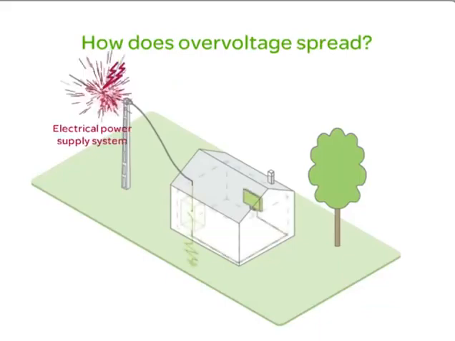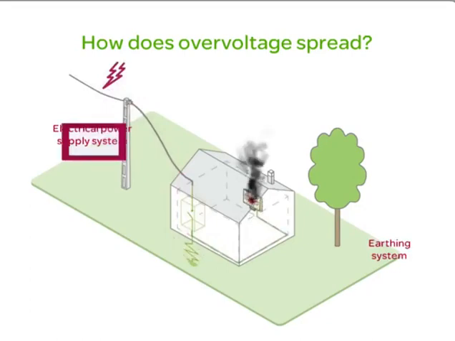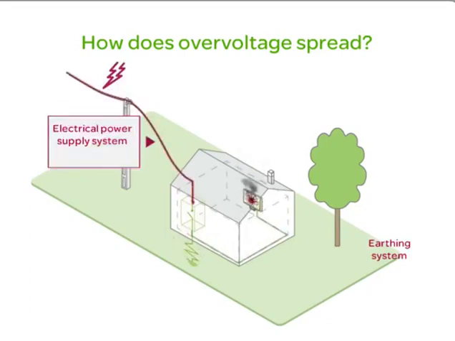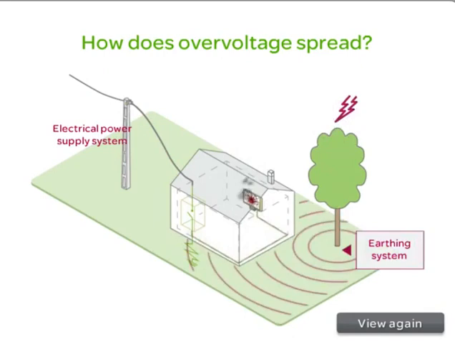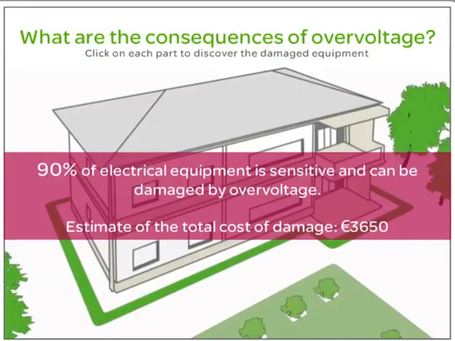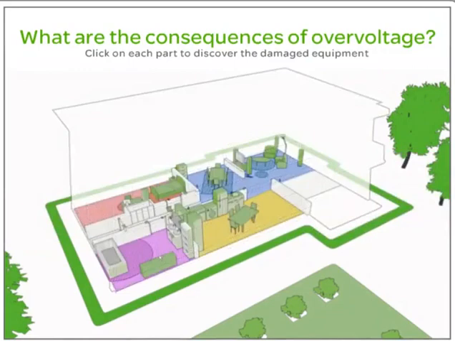Overvoltage can spread through both the power supply system and the earthing system, destroying the most sensitive electrical equipment. Here are a few examples of the consequences of atmospheric overvoltage. Click the photos to enlarge them.